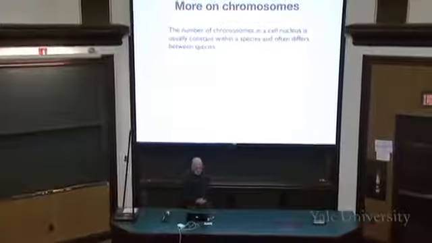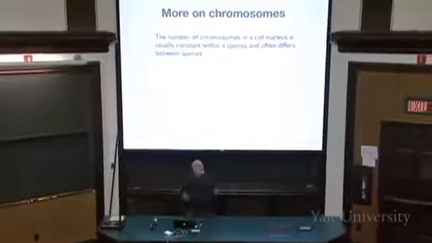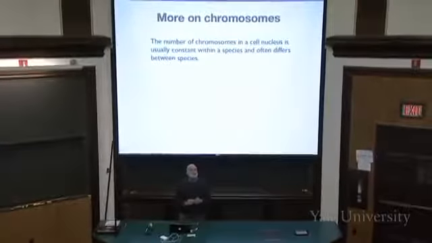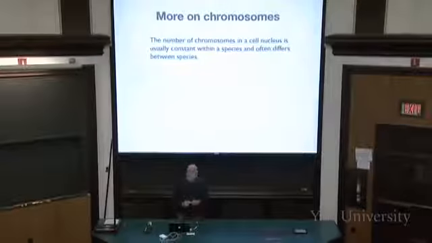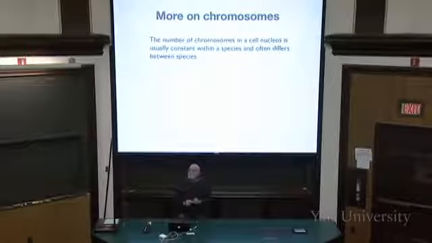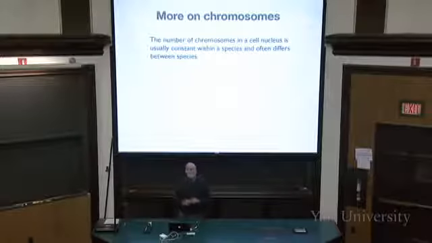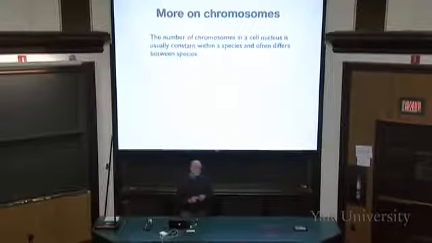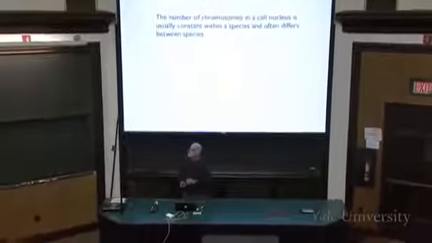Okay, a bit more on chromosomes. The number of chromosomes is usually constant within a species, although there is some variation. You get 23 from your mom and 23 from your dad, so you've got 46 sitting in every cell of your body, except your red blood cells, which don't have a nucleus.